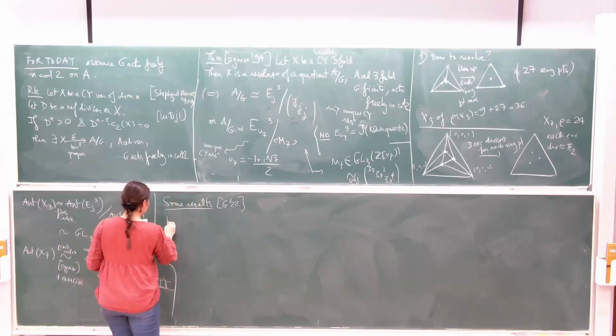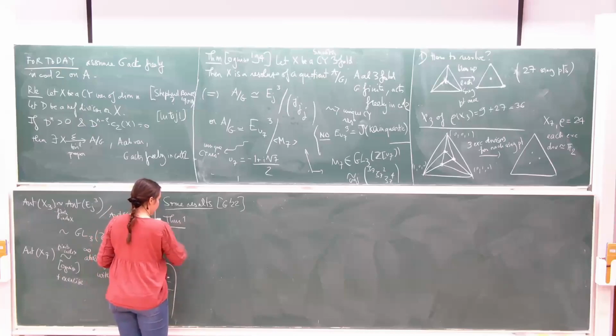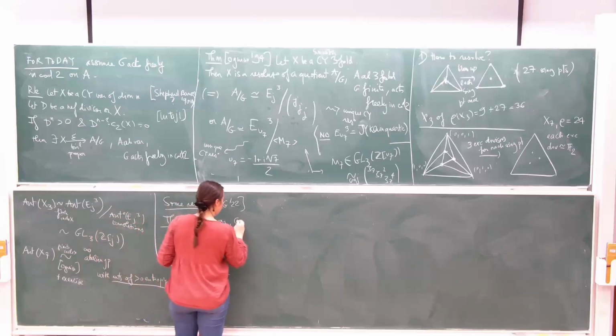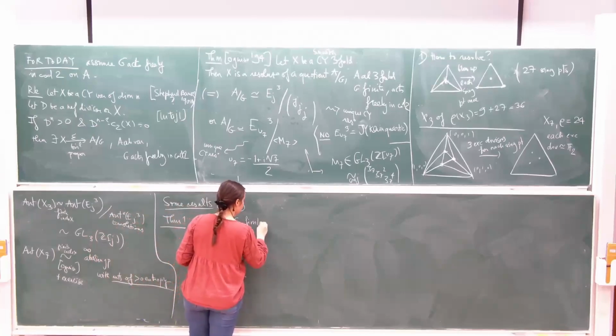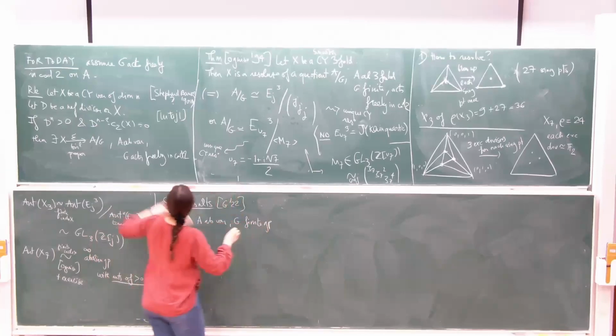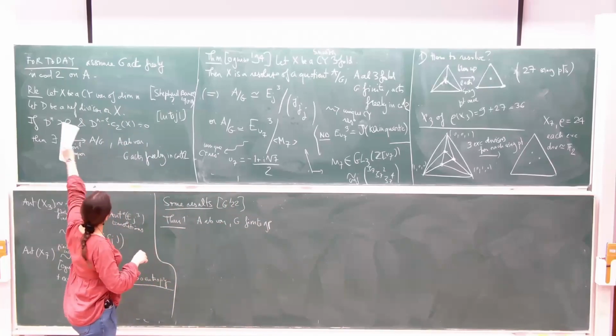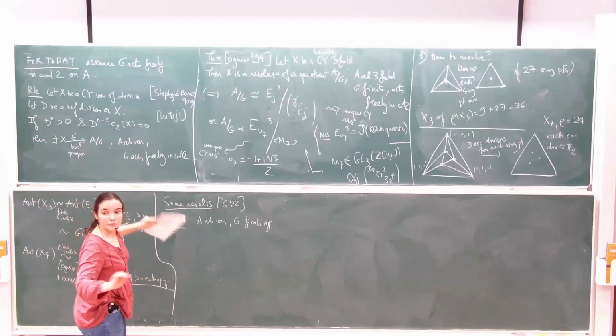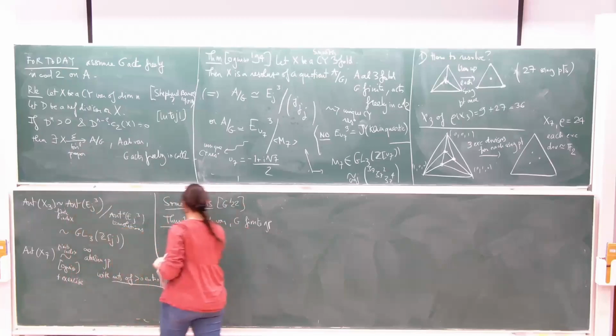So the first theorem: A an abelian variety, G a finite group. If we strengthen this assumption by one more, so G acts freely in codimension 3, then we lose. We can't do any Calabi-Yau resolution.